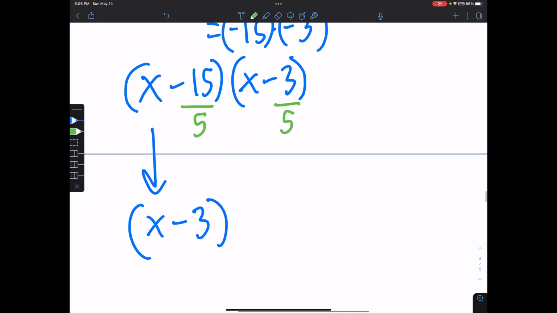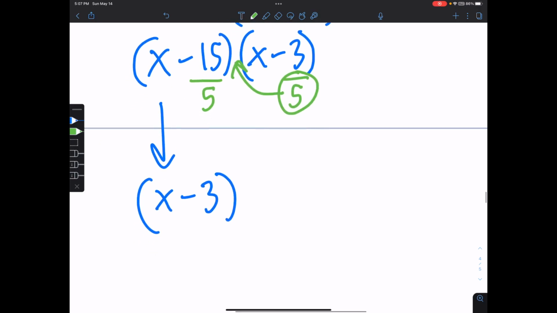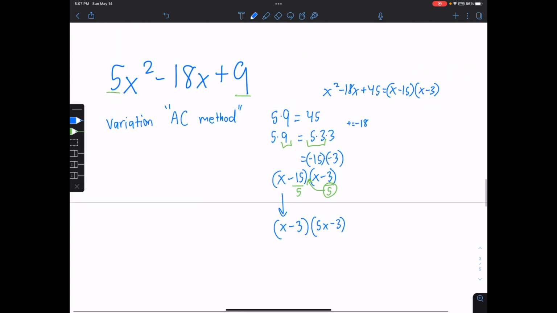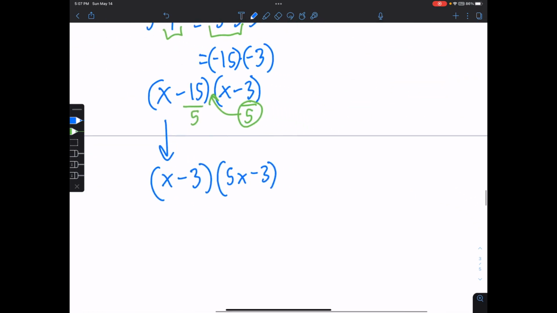Because this one does not cleanly divide, we put the 5 in front of our x. So this becomes 5x minus 3, and boom, you have your factors, and it does work.